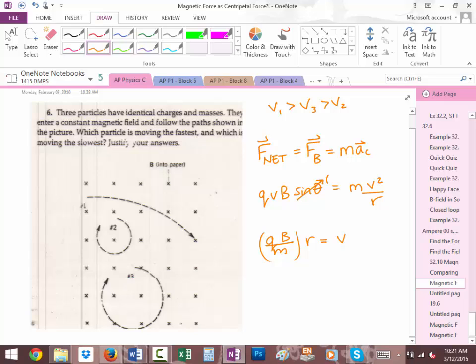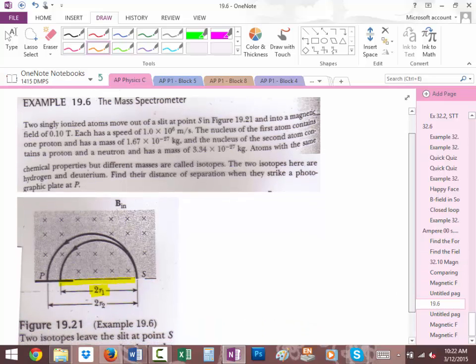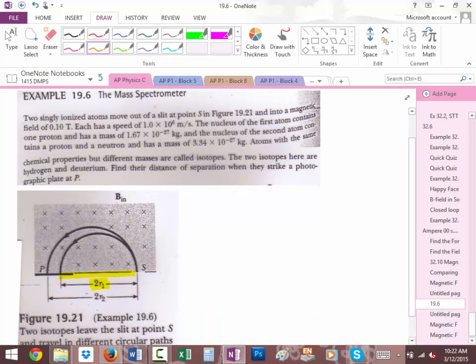Have you guys talked about those in chemistry, biology? I know that they talk about them in chemistry for sure. You have different isotopes, you have different things, you don't know what they are. You need to find out their properties, you need to find out the relationship. So you use magnetic fields.